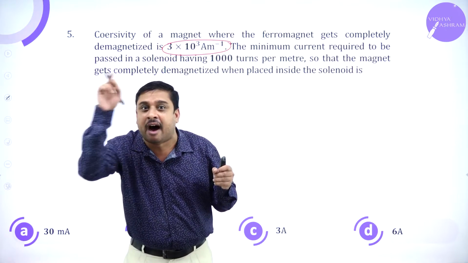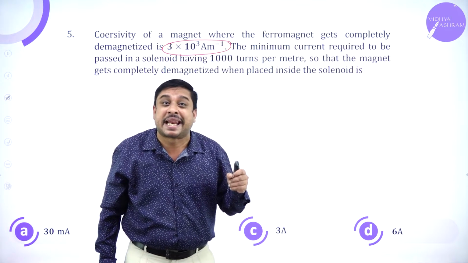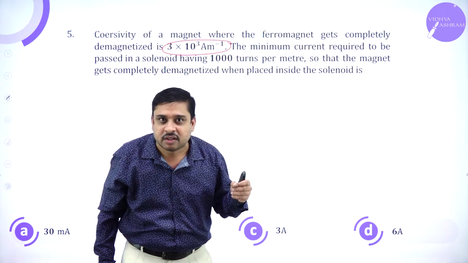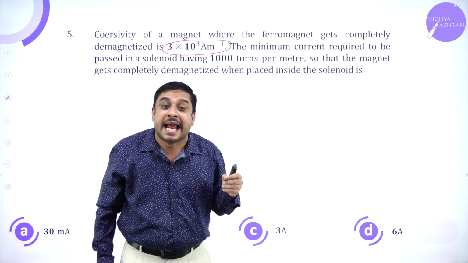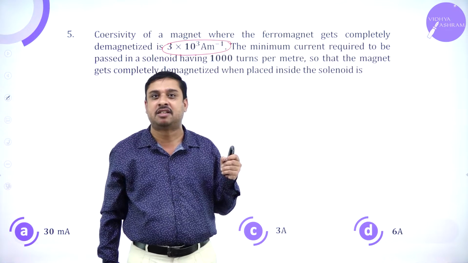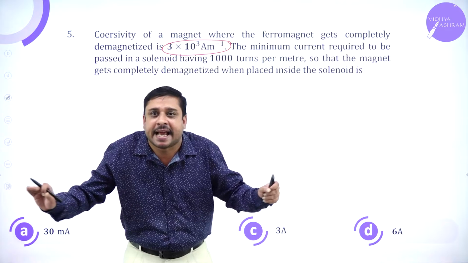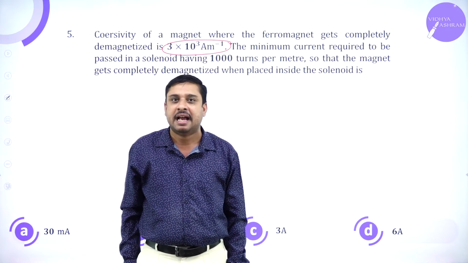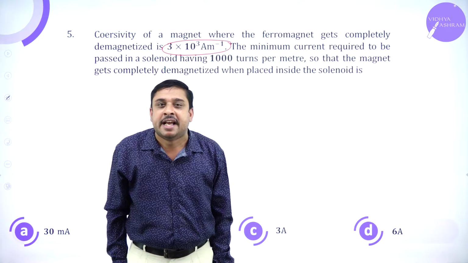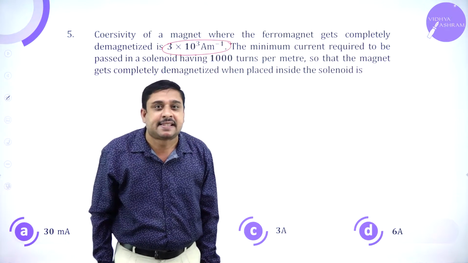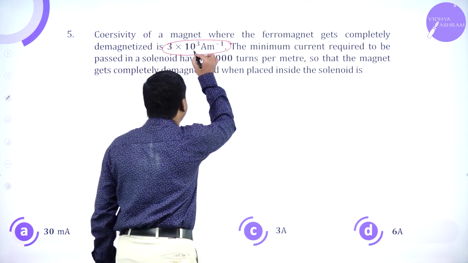when you make the external field zero, sometimes there will be residual magnetism. So what do I do? I apply a negative magnetic field which will completely demagnetize a substance, and that negative magnetic field is called the coercive field, magnetizing intensity.